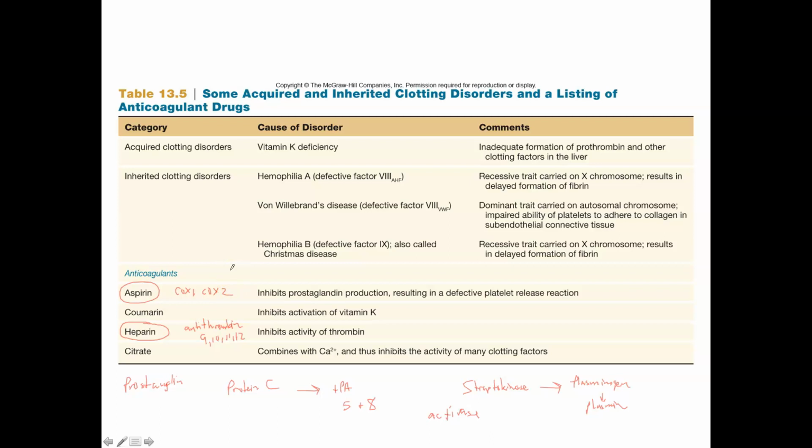So aspirin is a cyclooxygenase 1 and cyclooxygenase 2 inhibitor. And so if you inhibit the cyclooxygenase enzymes and you're inhibiting prostaglandin production, you can affect things like thromboxane, which is a platelet aggregator and a vasoconstrictor. And by inhibiting those prostaglandins, you are thus inhibiting coagulation from taking place.